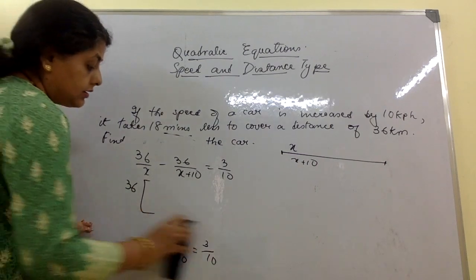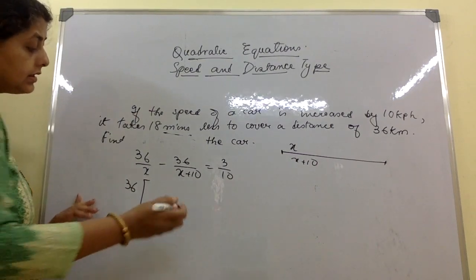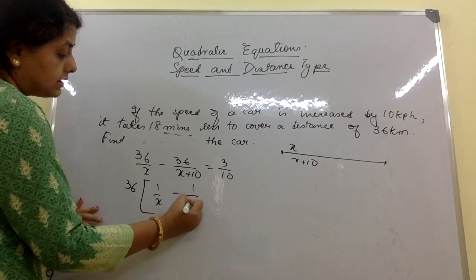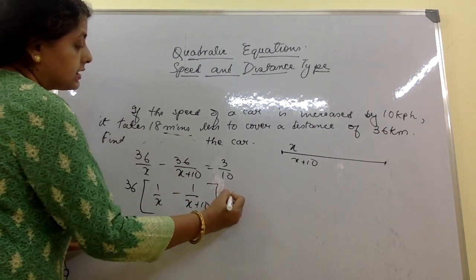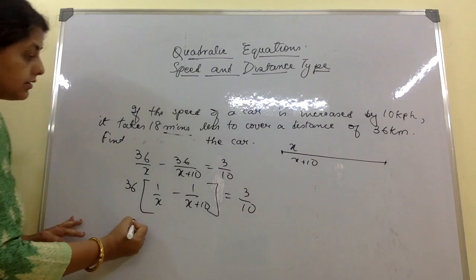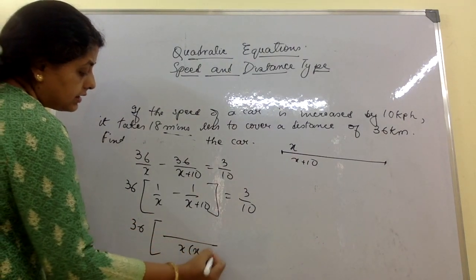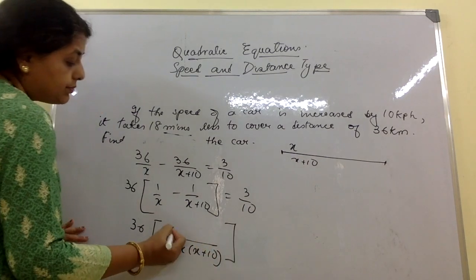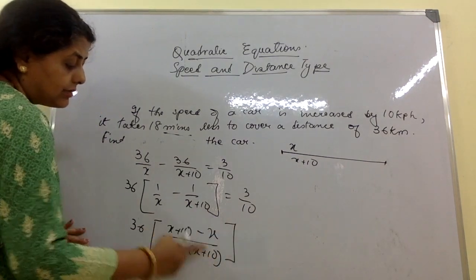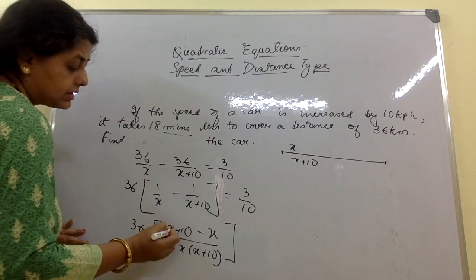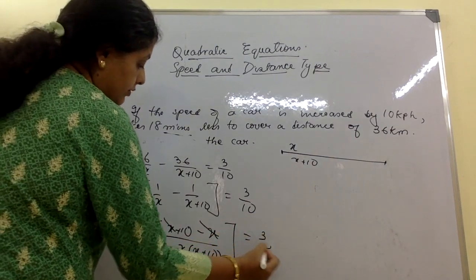Then I have 36 times x plus 10 minus x, over x into x plus 10, equal to 3 by 10.